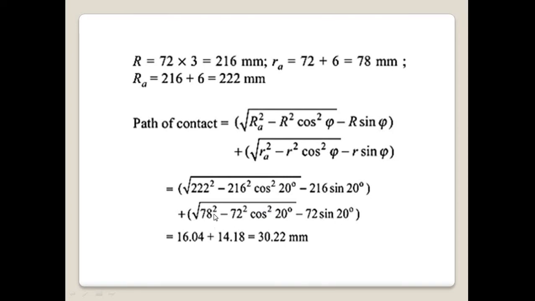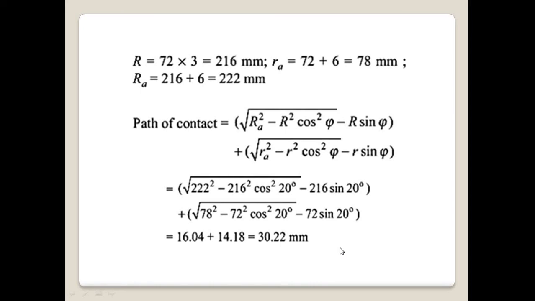This 78 is the value of small RA, and this is small r, which we already found. The angle phi is given in the problem. So the value of the first bracket is 16.04, plus the value of the second bracket, 14.18. So we got the path of contact equal to 30.22 mm.